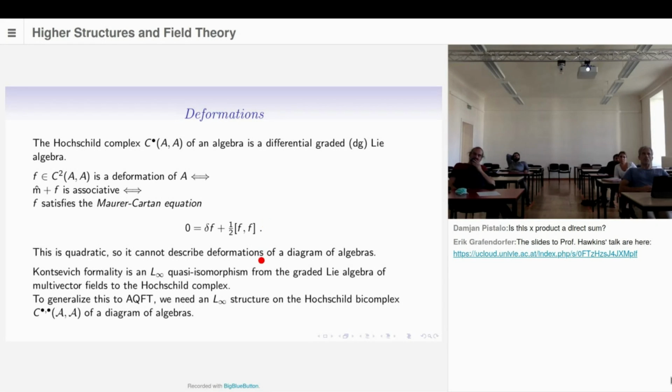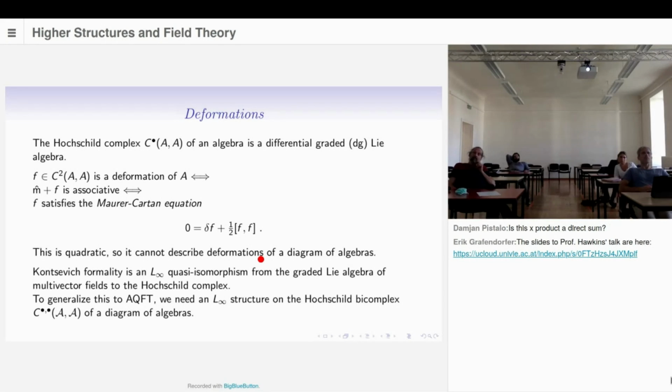So then, a related fact: Kontsevich formality, which is behind the classification of deformation quantizations, formal deformation quantizations, is based on L-infinity structures. The formality is expressed as an L-infinity quasi-isomorphism between two L-infinity algebras, but they're more special than that.